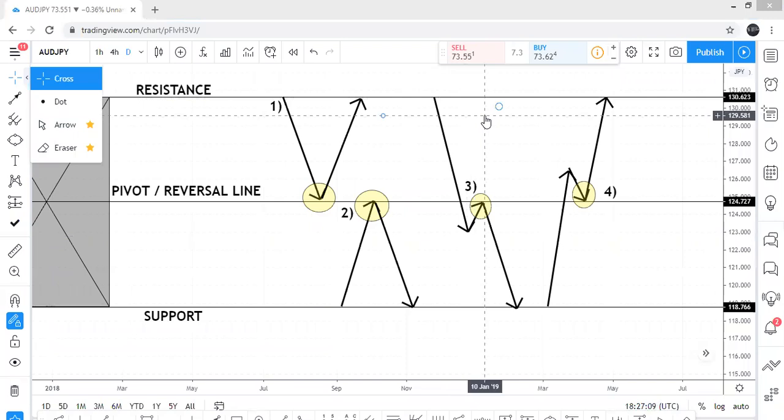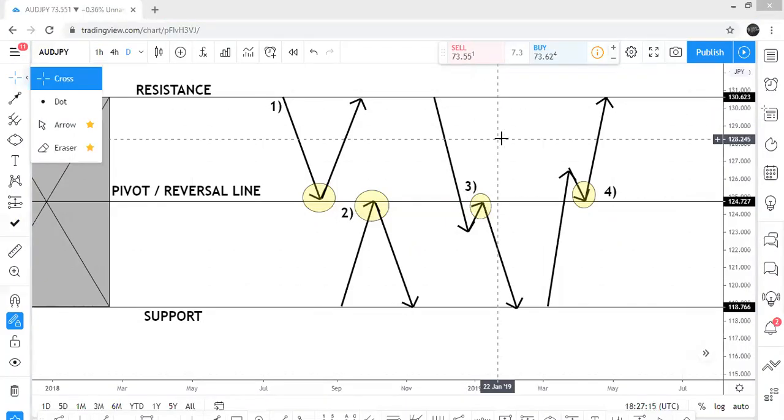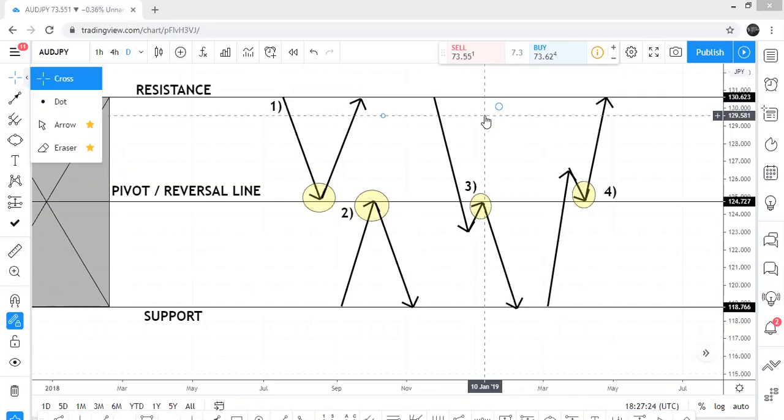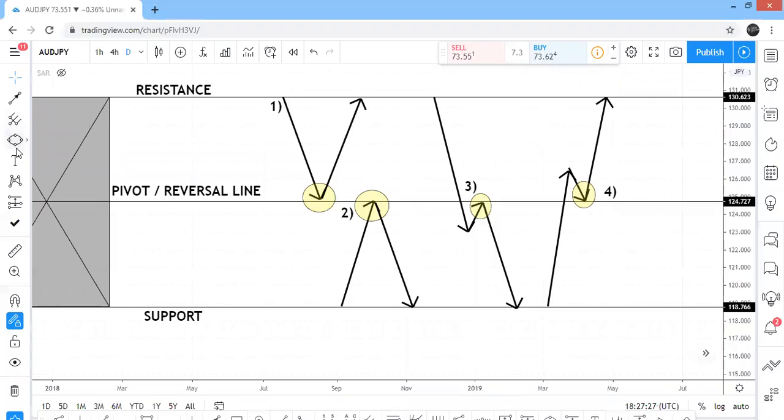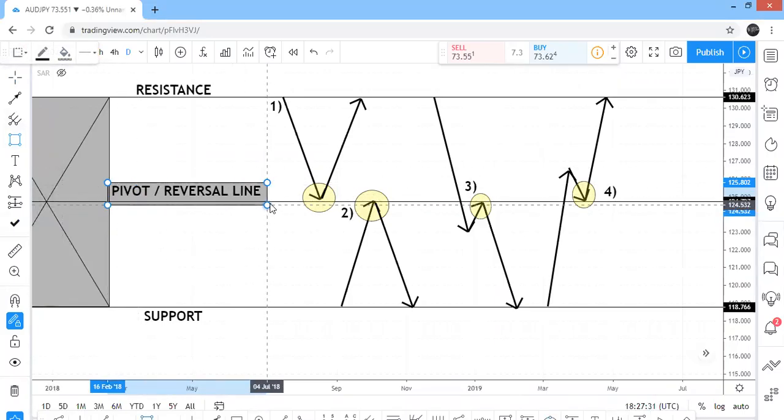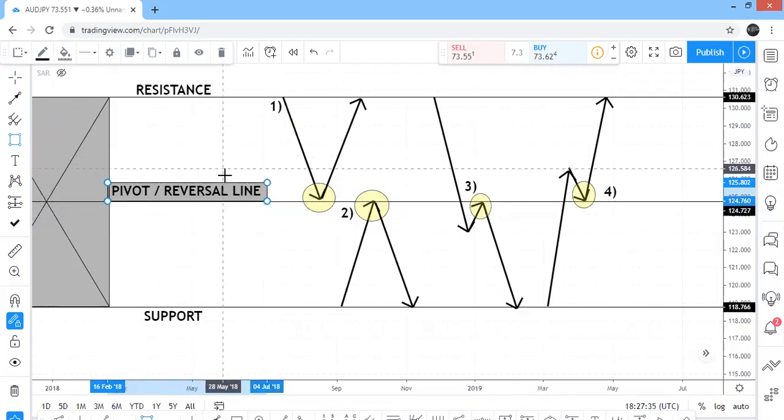Aspect number three, support. I'm going to let you know now, when it comes to trading the rectangle, for now, as beginners, all of your decision making should come from the pivot.